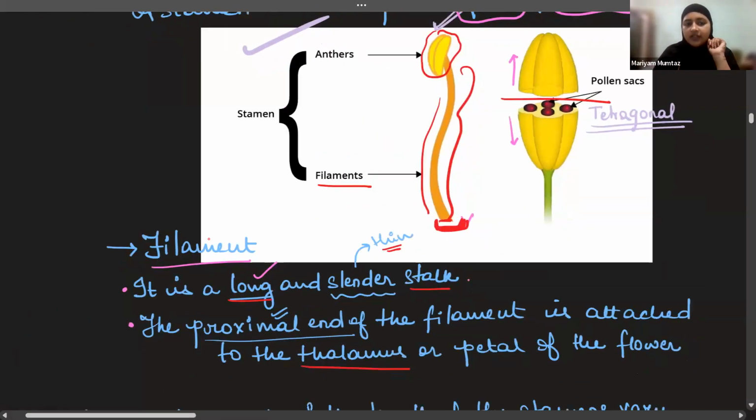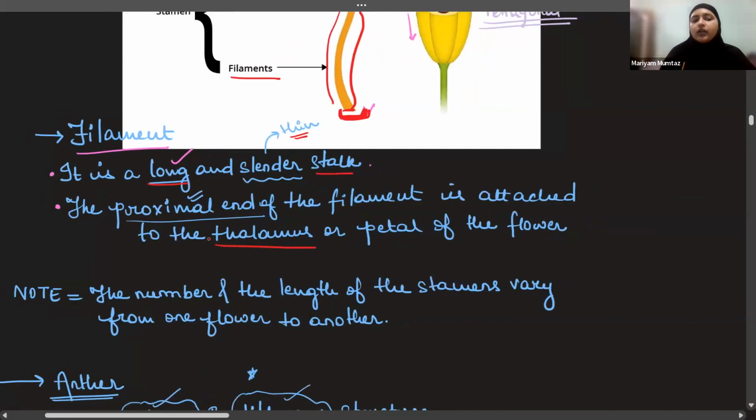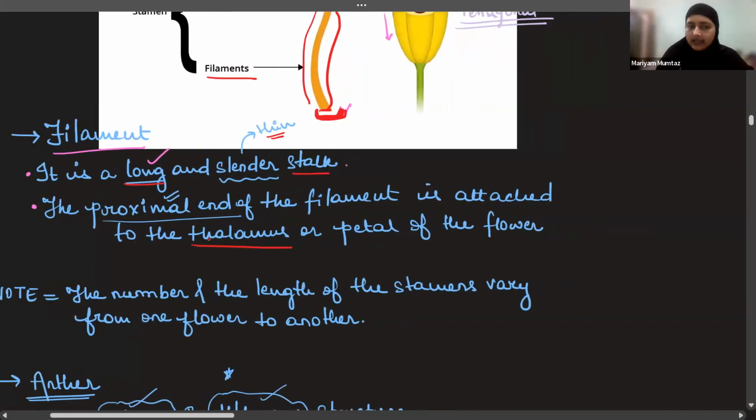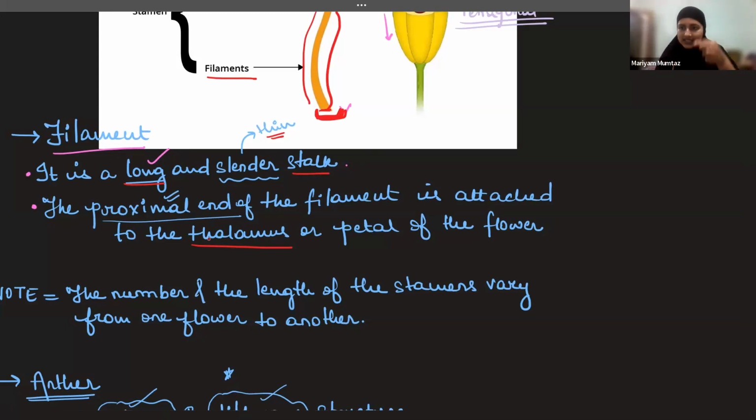Now, talking about the filament, so filament is long and slender. Slender means thin. So a long and thin, stalk-like structure that holds up the anther is the filament. In terms of biological distances, proximal means front and distal means back.